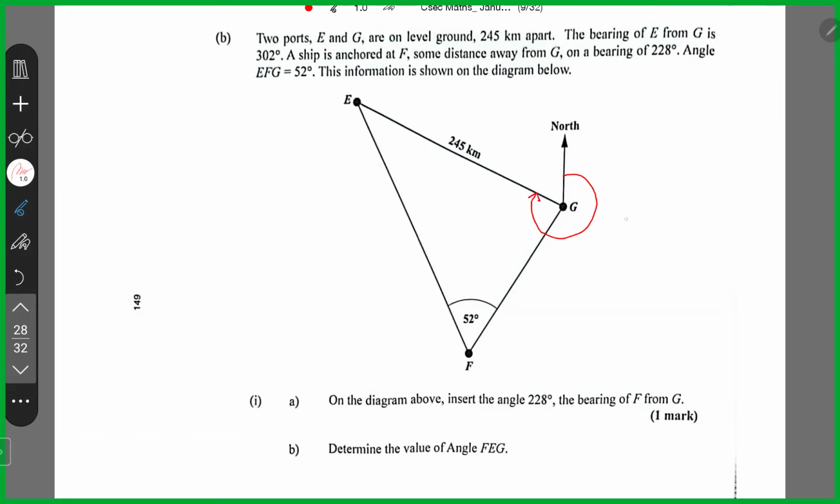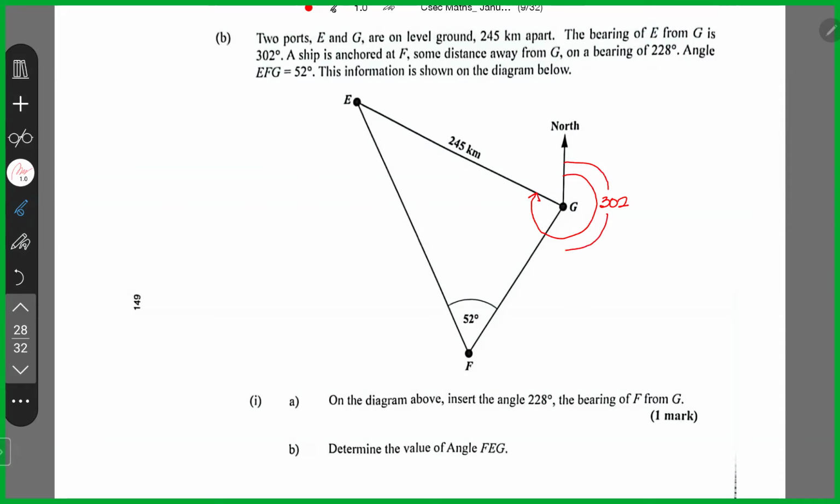So from north, going all the way around to E, that's 302 degrees. A ship is anchored at F, some distance away from G on a bearing of 228. So the bearing of F from G is 228.